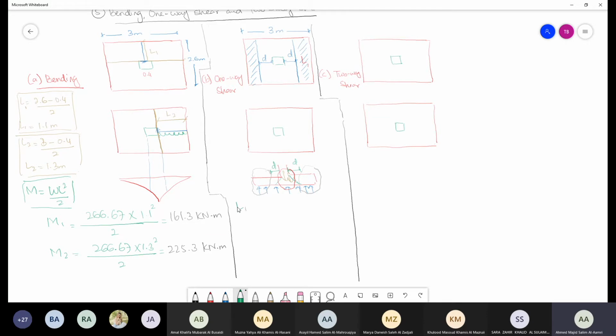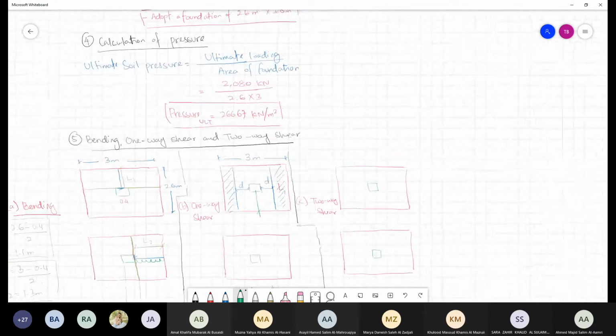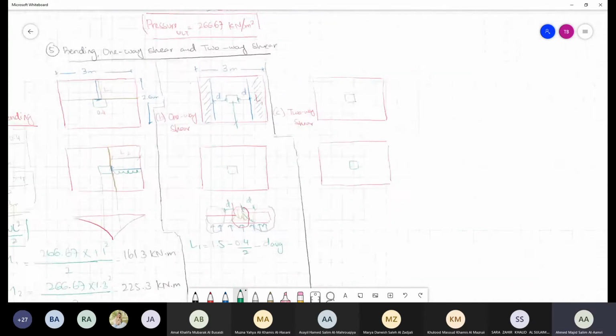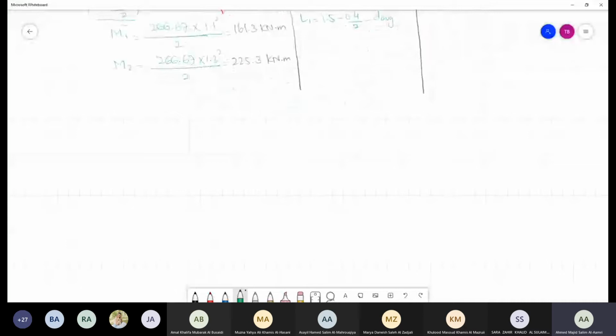You can see that for L1, half of the foundation is going to go as 1.5 minus half of the column, which is 0.4 divided by 2, minus the value of d average. Now, how much is going to be our d average? D average can be calculated, let's say, in point number 6.